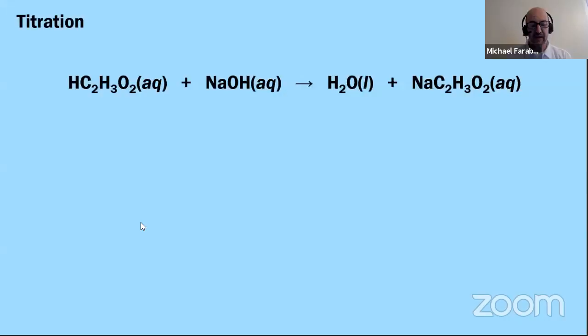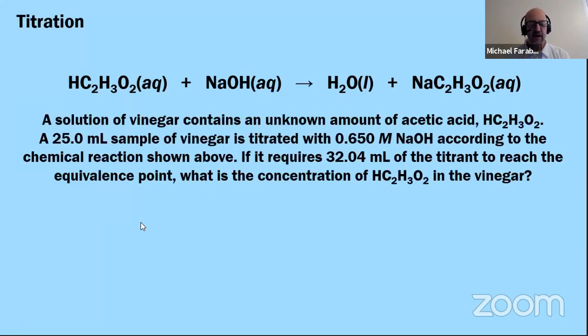So the chemical on the left is called acetic acid, also known as ethanoic acid, and that's found in vinegar. So we have a solution of vinegar, and it contains an unknown amount of acetic acid, HC2H3O2. That is a monoprotic acid, has one H plus that is given off as an acid.